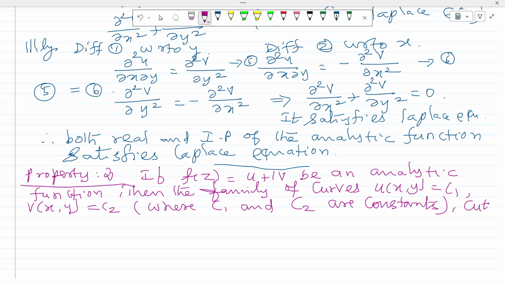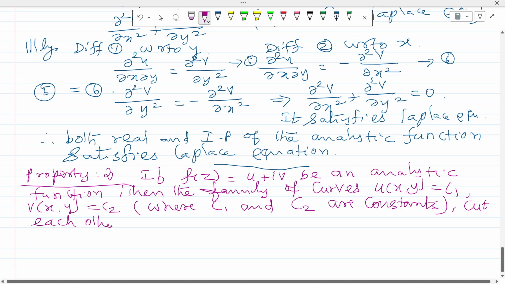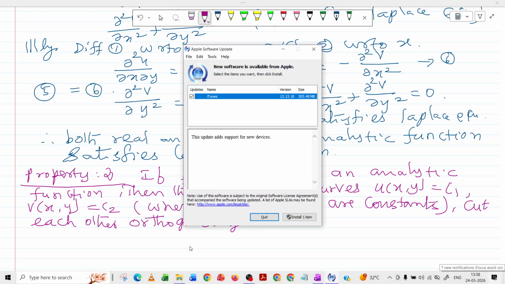cut each other orthogonally. Cutting each other orthogonally means 90 degrees.